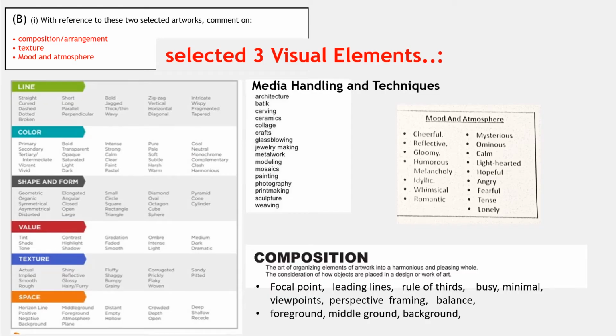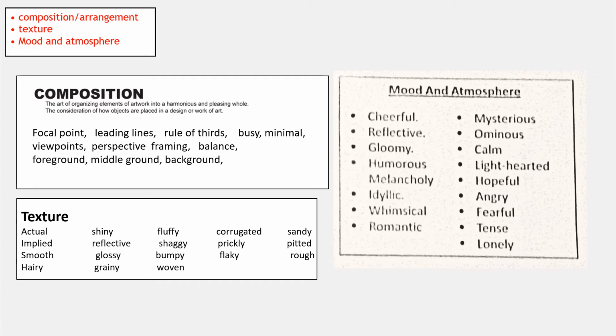Okay, so with this question, you're being asked to comment on the three visual elements of composition, texture, and mood and atmosphere. So with this question, what you need to know is what to look for when you're asked about a specific visual element. So with these three in particular, composition, you're being asked to write about how the objects in the painting are placed out.